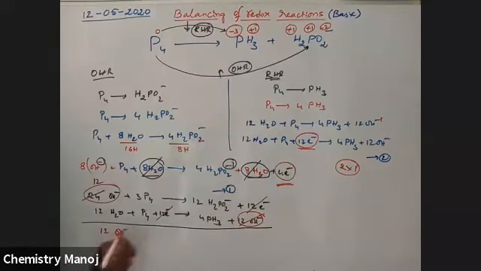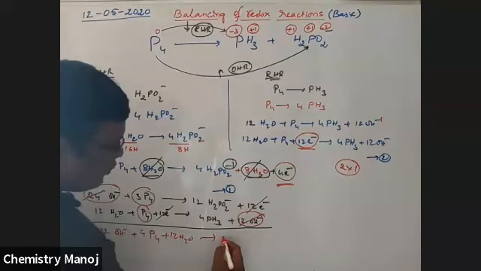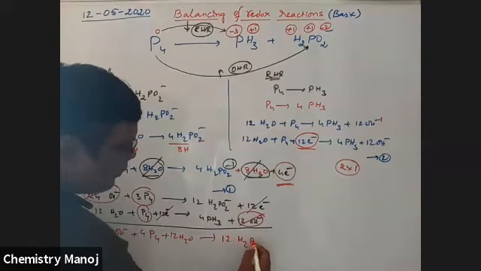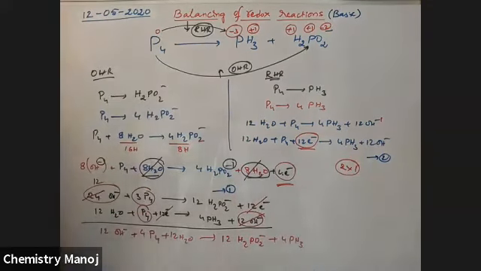12 OH minus plus 3 P4 plus this P4, total 4 P4, plus 12 water. Is there any other compound in LHS? No one is there. Now right side: 12 H2PO2 minus plus 4 PH3.